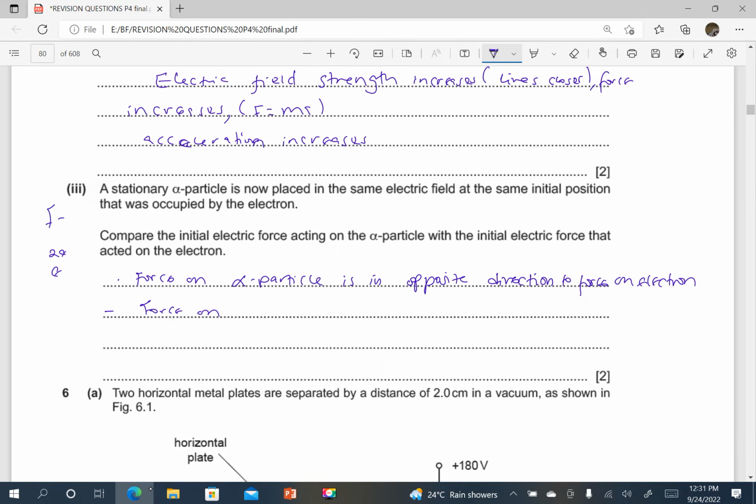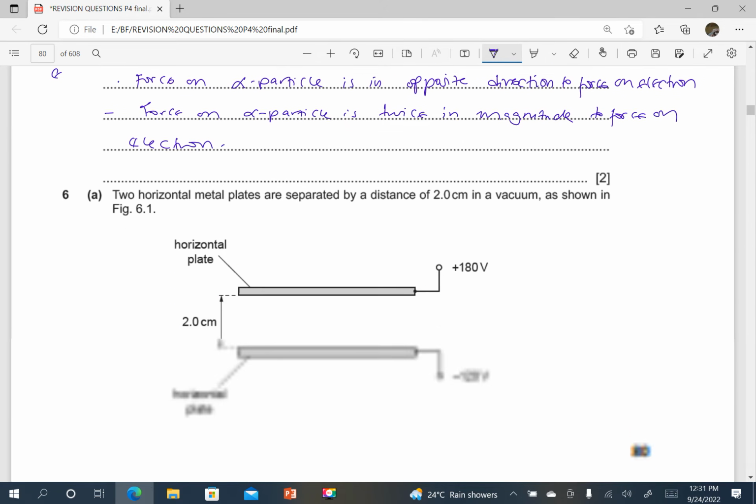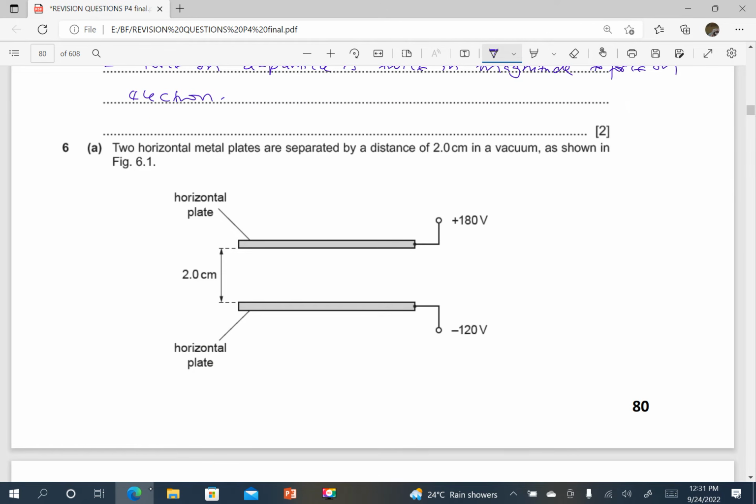Remember, force is equal to Q times E. So the force on the alpha particle is twice in magnitude to the force on the electron. Two horizontal metal plates are separated by a distance of 2 centimeters in a vacuum as shown.